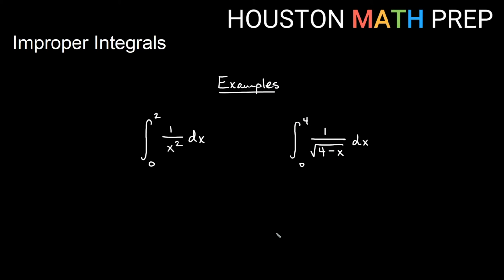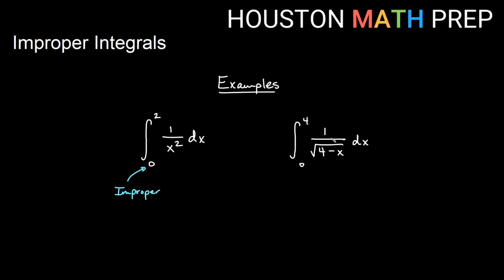Okay, let's go ahead and take a look at two integrals that maybe when you first look at them seem like proper normal integrals, but they're actually improper integrals based on discontinuities. So if you notice, the function 1 over x squared would actually have an infinite discontinuity, a vertical asymptote at x equals 0. We are actually improper because of the bound x equals 0 there.